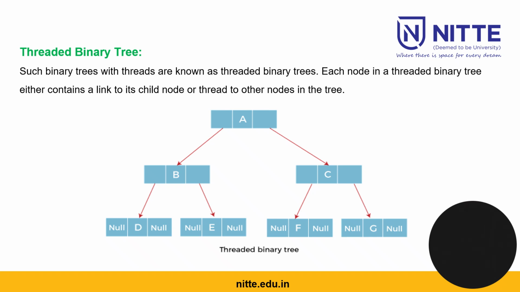And here in this threaded binary tree, that means a node either contains a link to its left child, or it contains a link to the right child. So that is why it is called a threaded binary tree.